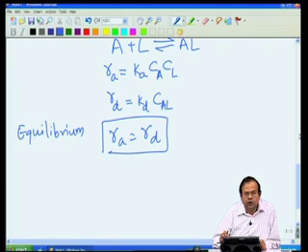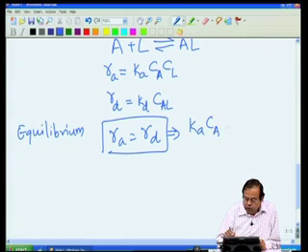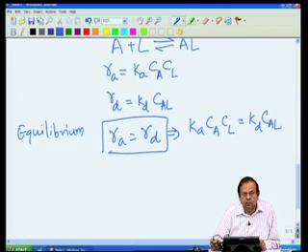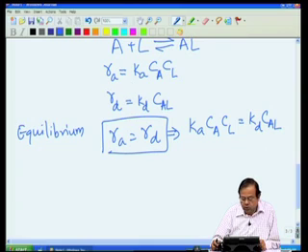Some of you may be wondering that we are trying to define the kinetics of a reaction and we already got equilibrium. Where did the kinetics go? But believe me, we will come to the kinetics very shortly. So, at equilibrium RA must be equal to RD. What does this imply? This implies that Ka into Ca into Cl is Kd into Cal, from the definition of our adsorption and desorption rate.